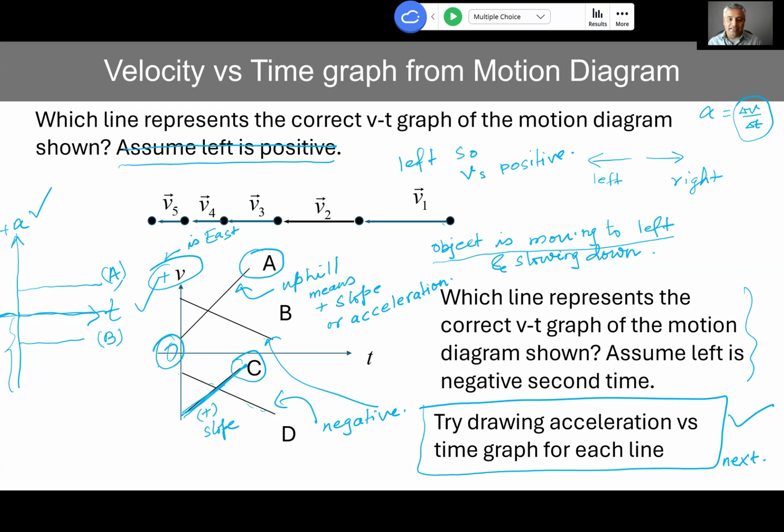Here I said east, so negative simply means it's moving to the west. It could be towards zero or away from zero, because I think by zero you mean position. But remember, this zero is not position, because this is a velocity versus time graph.